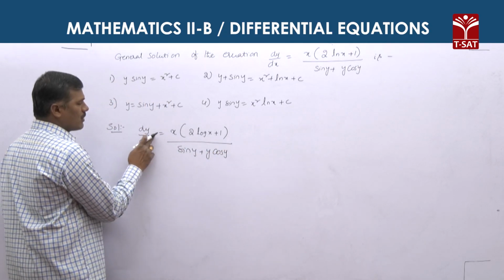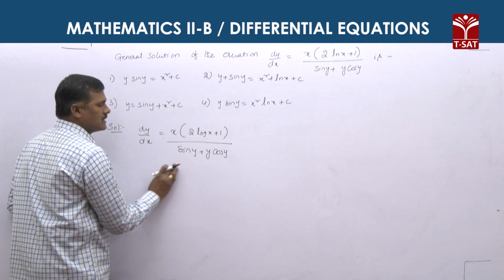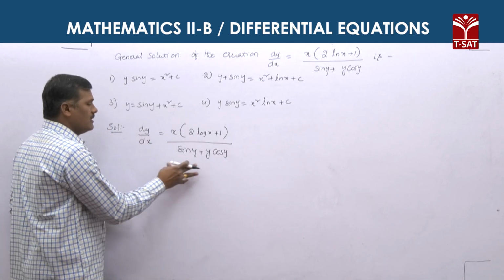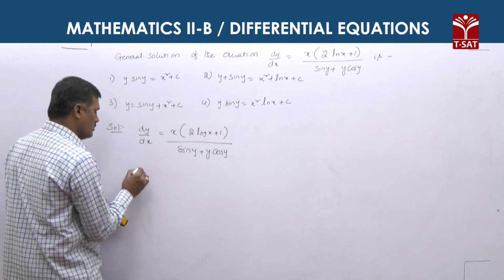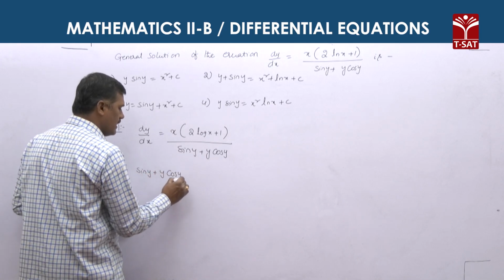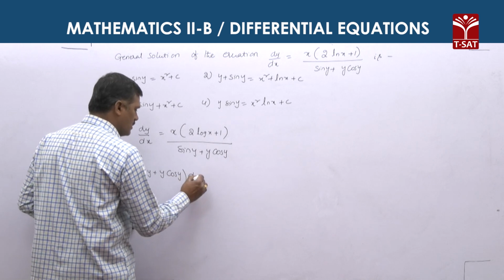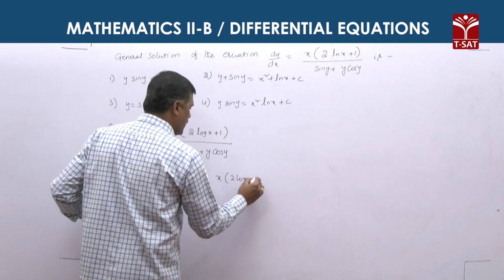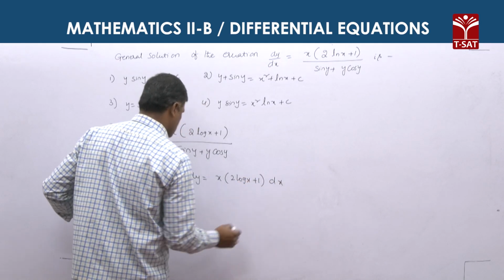Now cross multiplying: in the denominator, all the terms containing y go with dy. So (sin y plus y into cos y) into dy is equal to x into (2 log x plus 1) into dx.